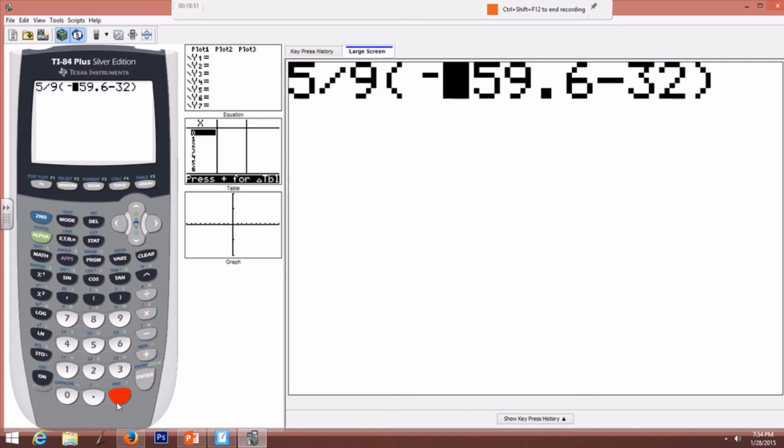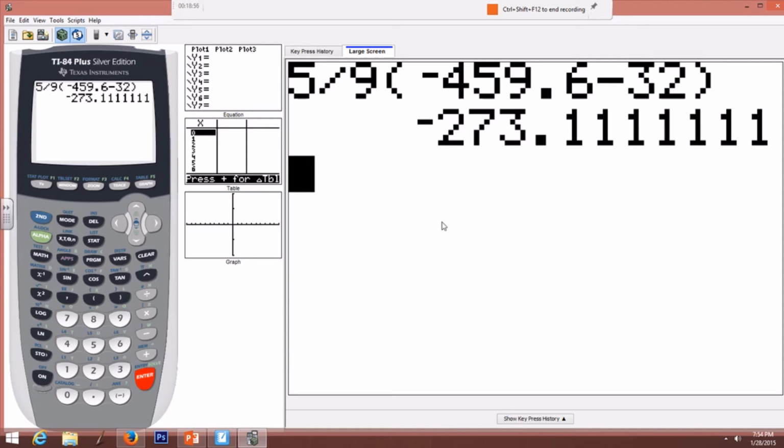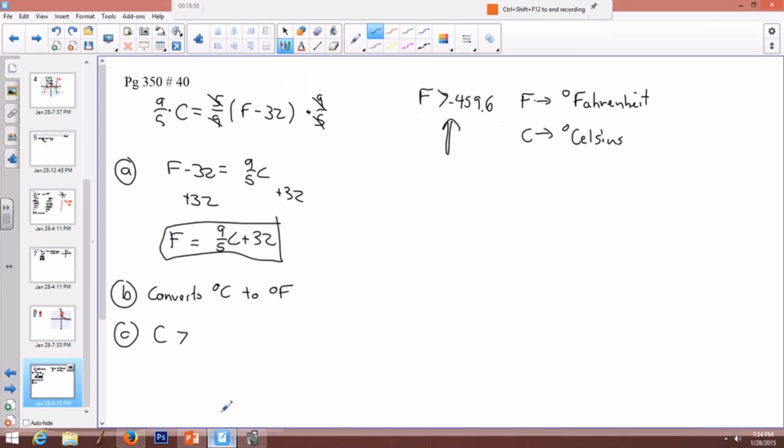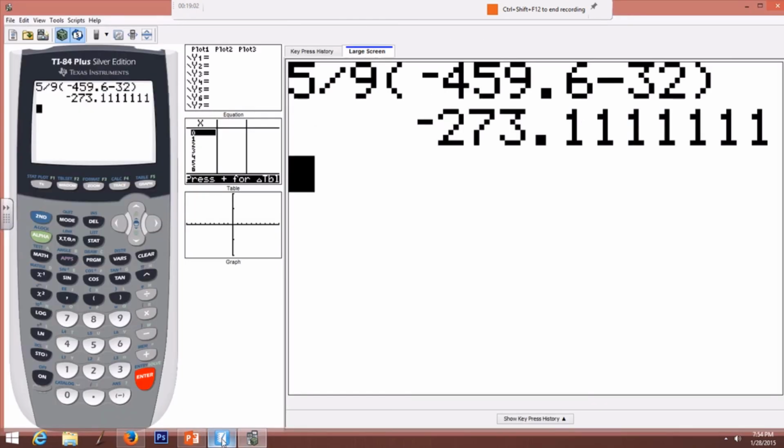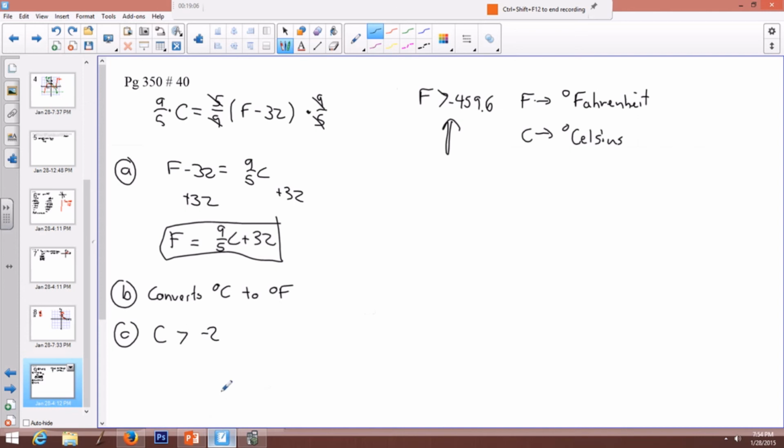Oh, I hit minus instead of negative. All right, now I think we'll get it. So negative 273.111 degrees, so C has to be greater than negative 273.111 degrees, and I'm assuming that's absolute zero, so it has to be greater than that, but I'm not sure.